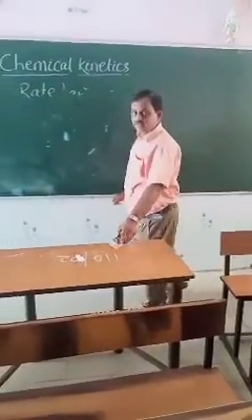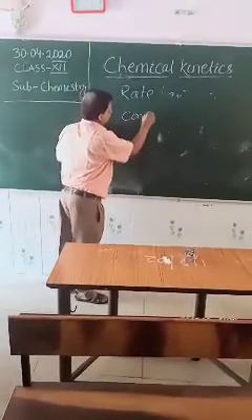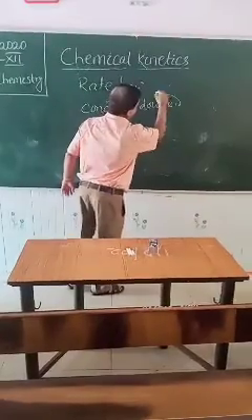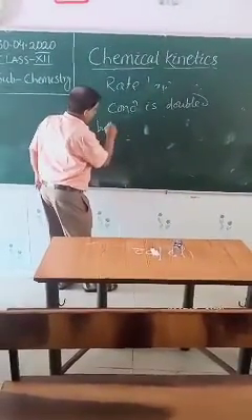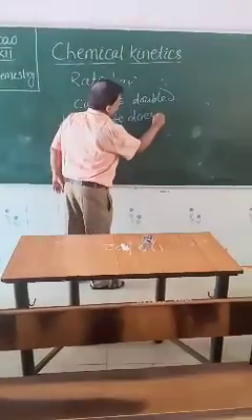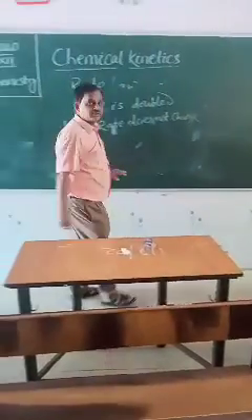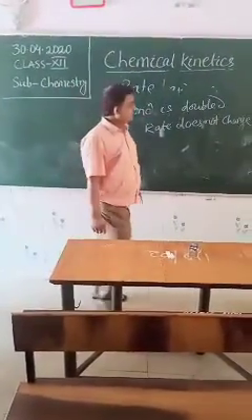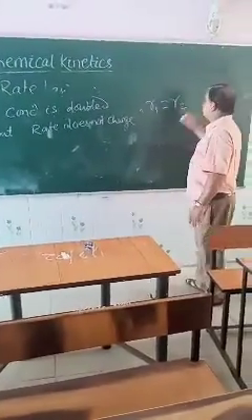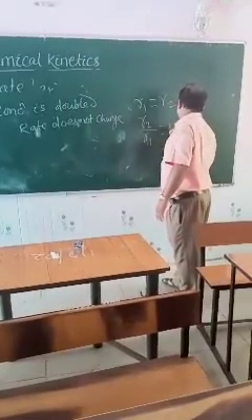The value of n may also be 0. Suppose concentration is doubled, but rate does not change. That means R1 equals R2, so R2 by R1 equals 1.